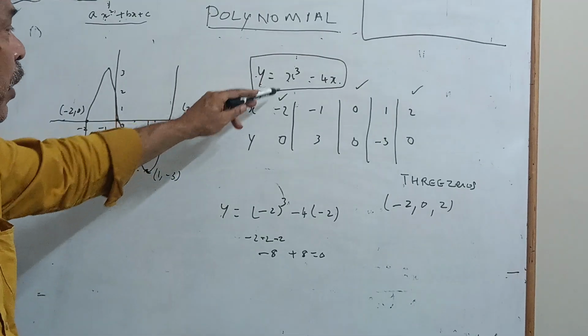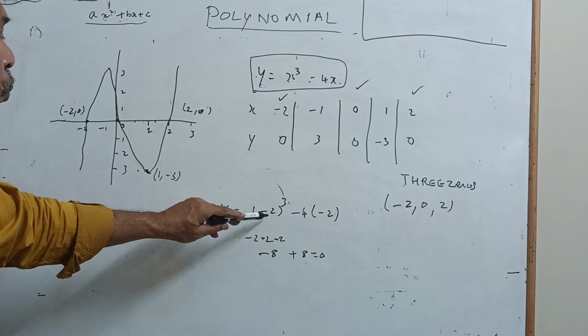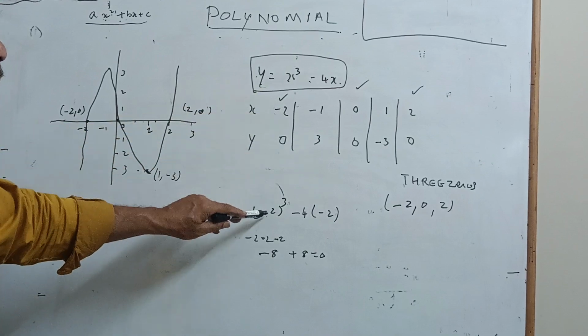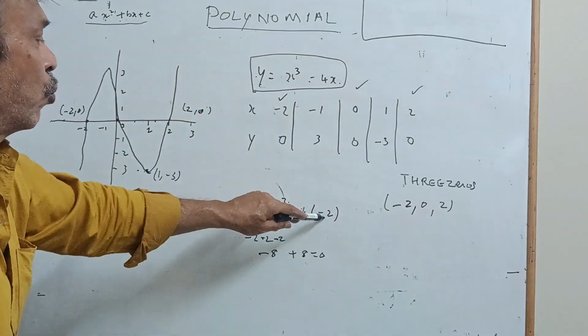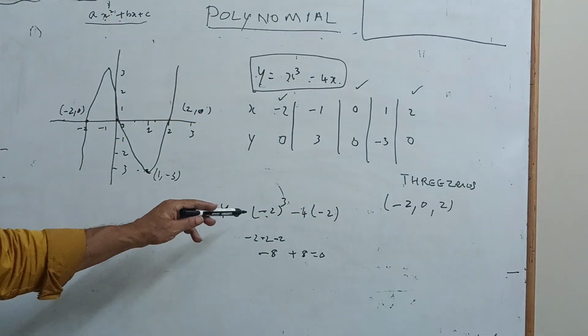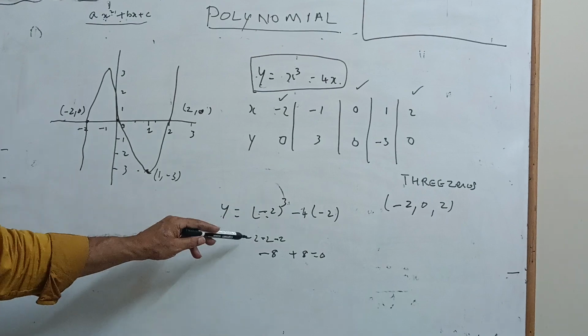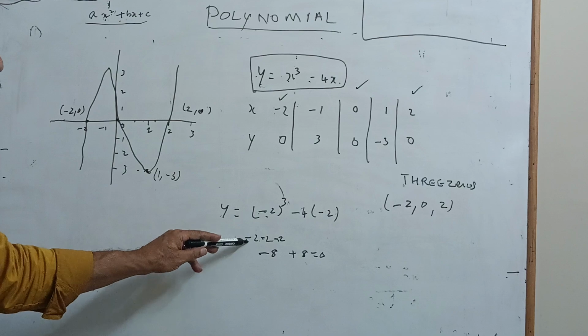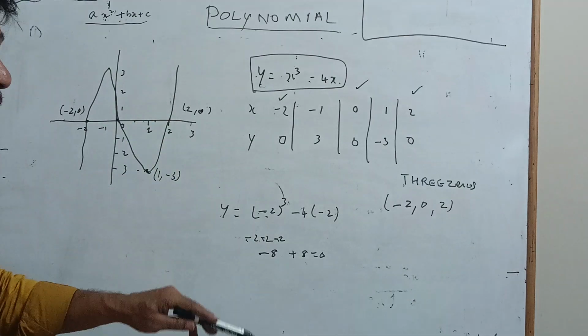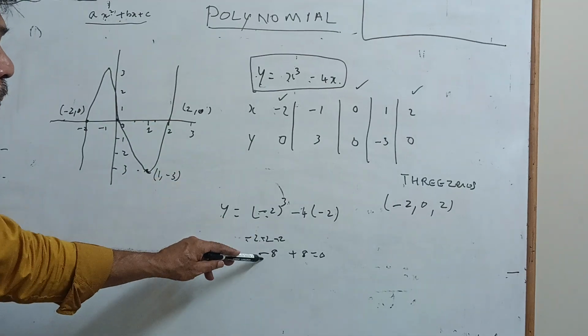I am substituting x equal to minus 2 in this equation. So minus 2 the whole cube, minus 4 into minus 2. Minus 2 the whole cube is minus 2 into minus 2 into minus 2. Minus 2 into minus 2 is plus 4, plus 4 into minus 2 is minus 8.